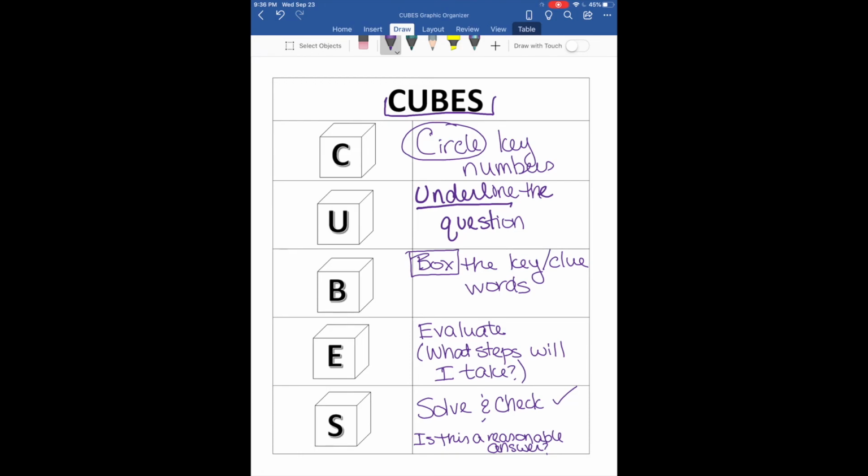If I ask myself, is this a reasonable answer? Then I'm forcing my brain to think, well, if I start out with 100 watermelons and I'm sharing them with my friends, how would each friend get 400 watermelons? That doesn't make sense. And so when we ask ourselves, is this reasonable? We're slowing down our brains enough to check one more time before we submit our answer or before we share our answer.